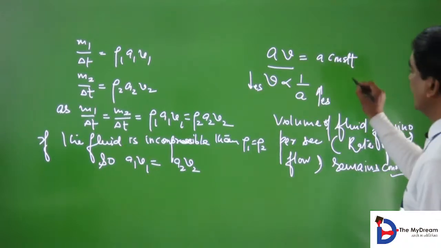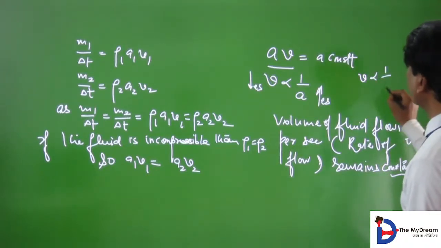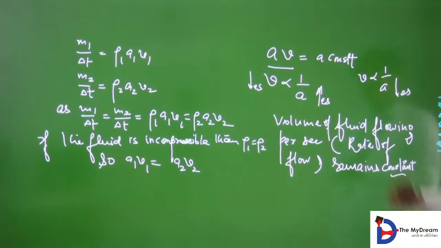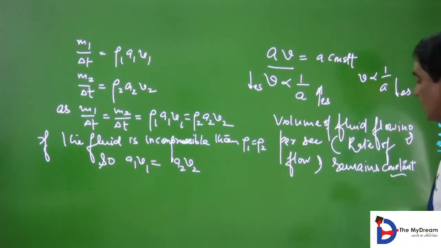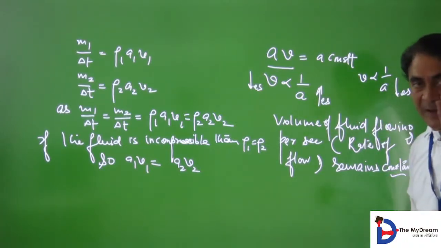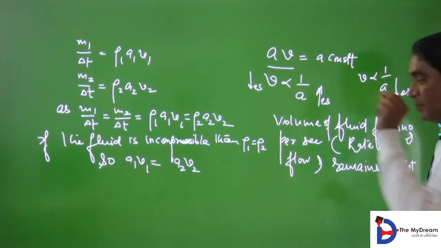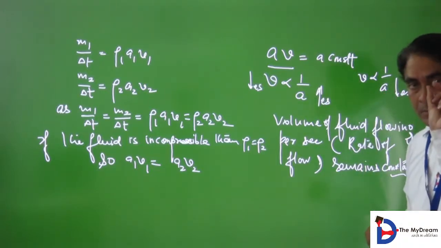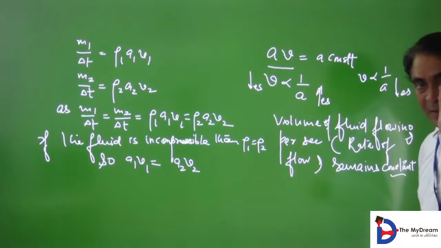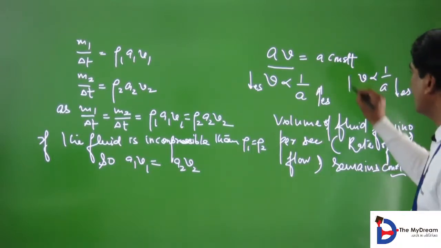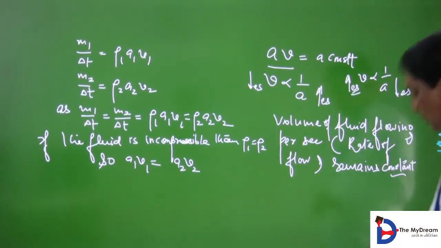And vice versa, if the area of cross section of the pipe is very much less as compared to the other end, then the velocity increases.